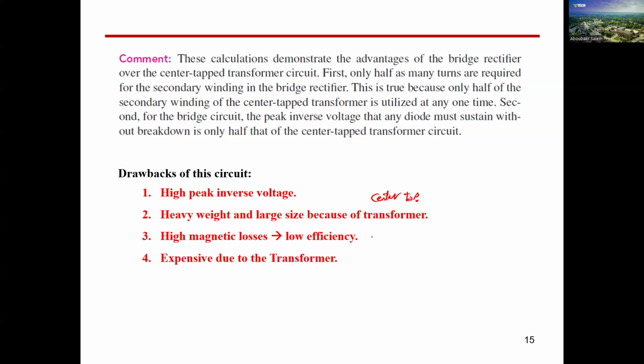Because the center tap transformer is relatively larger, and bigger size will have higher losses. So the efficiency is expected to be lower, and at the same time it is expensive due to the transformer center tap as well. So you have 4 drawbacks in the center tap circuit compared to the full bridge rectifier.